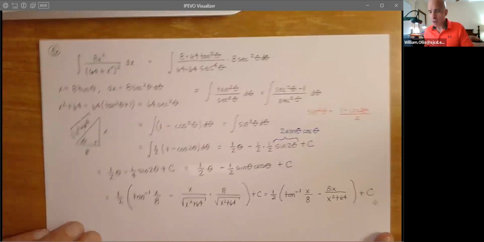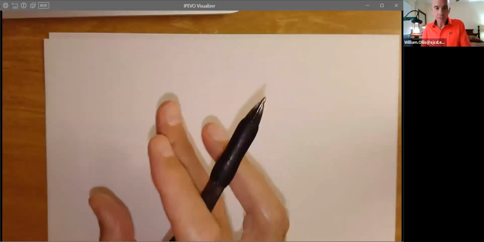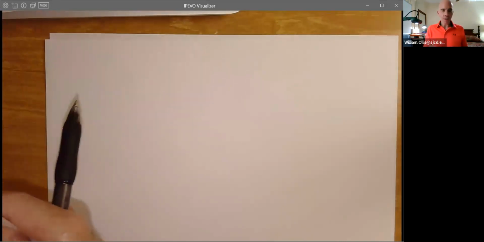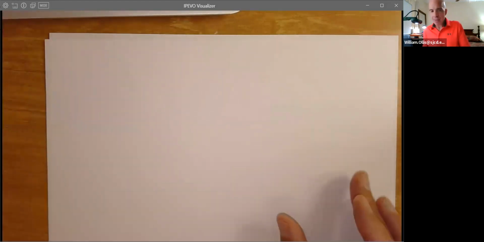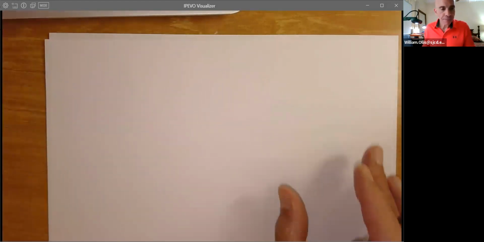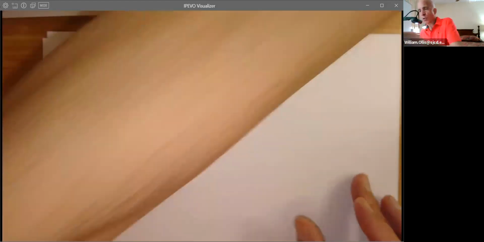Okay, now what I want to do, ladies and gentlemen, is give you one of the special formulas. That is, we can use trig substitution to actually generate some nice formulas. This particular one, I had in your lecture notes.